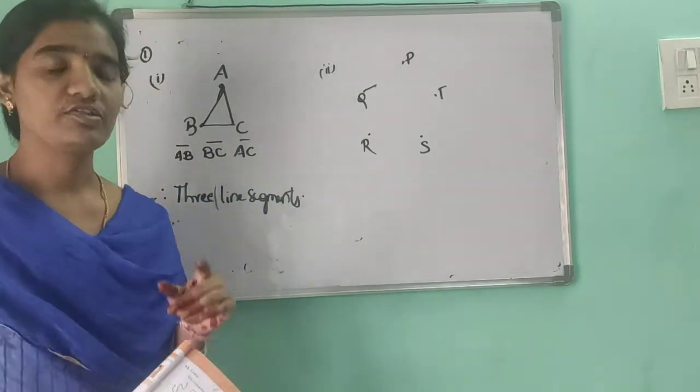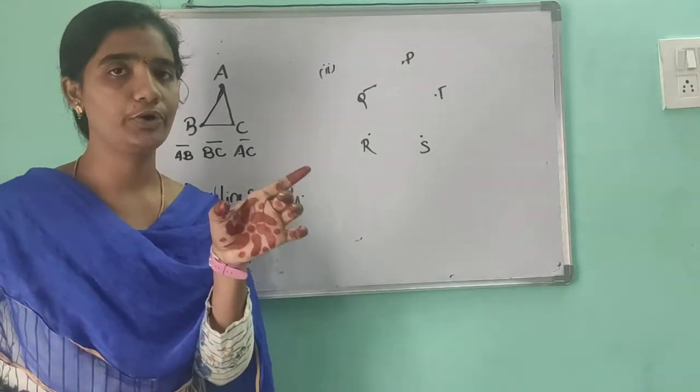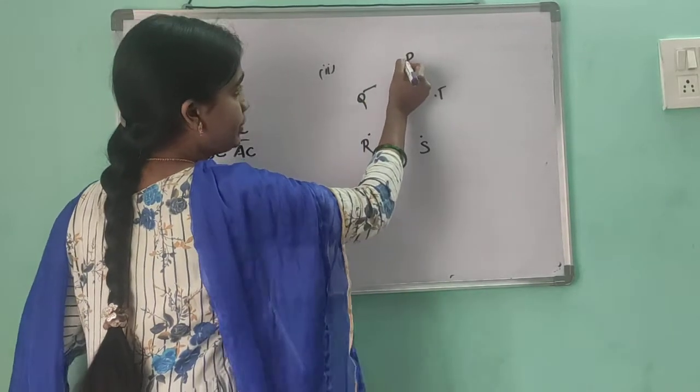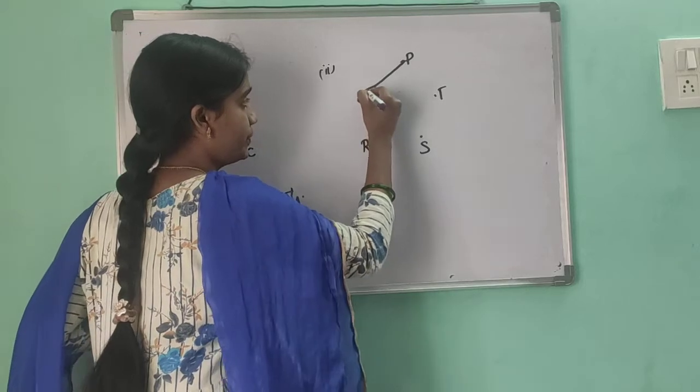Here also it is the same. Start with one point and end with another point is the line segment. So P to Q is one. Start with one point, end with one point. Q to R.